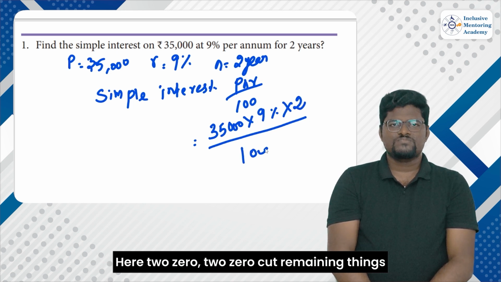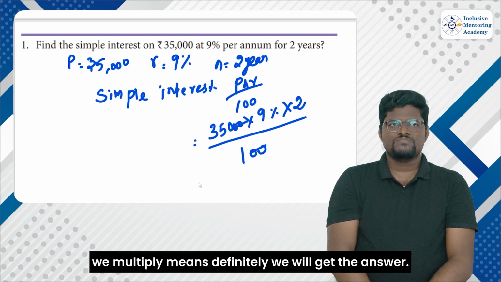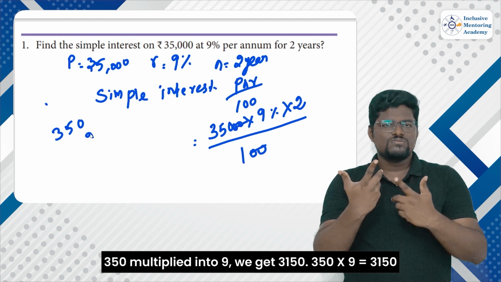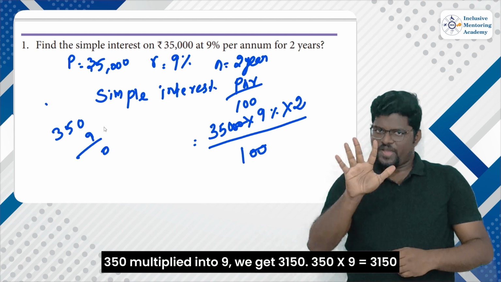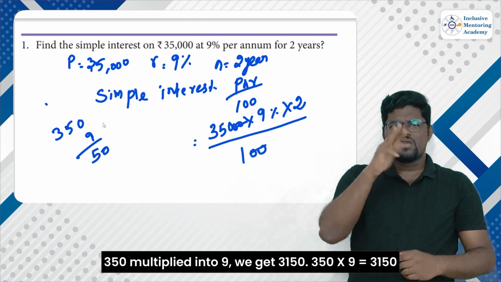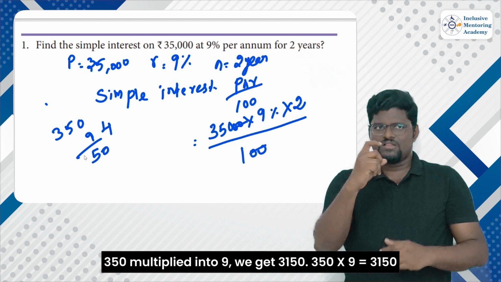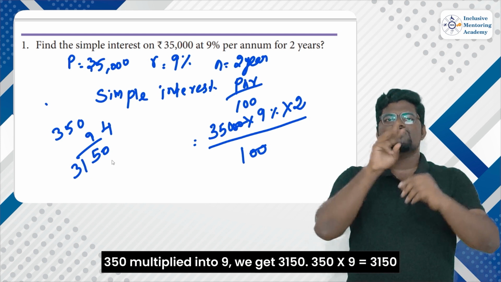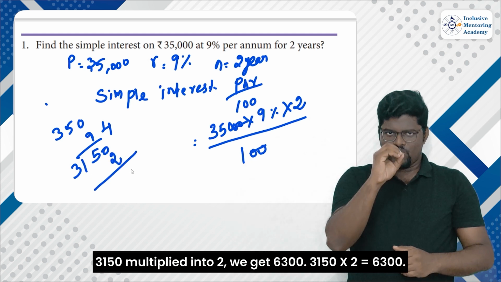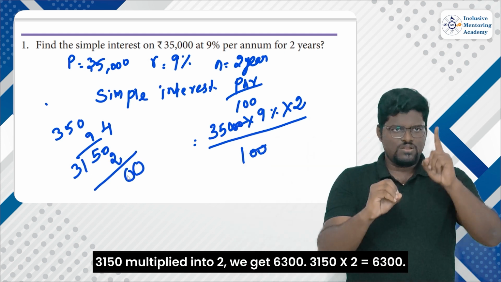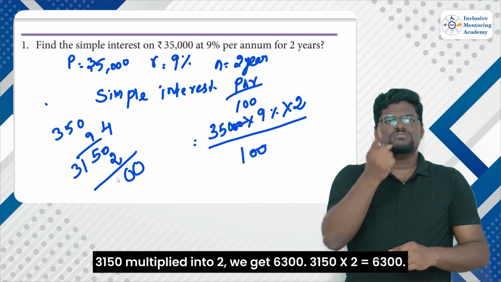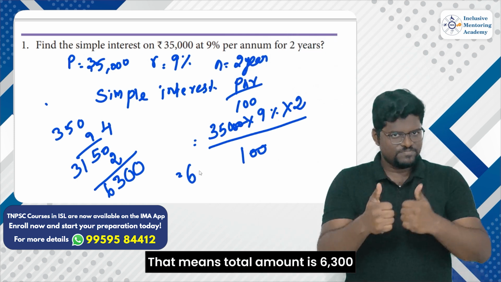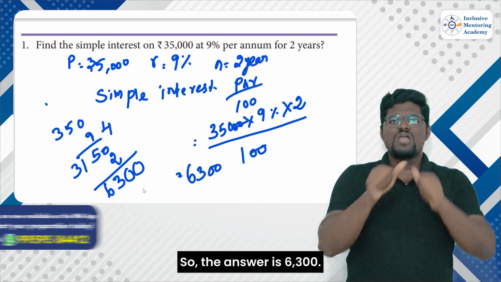Here the zeros cancel, and the remaining things we multiply. 350 into 9, then into 2, and we get the answer. So the answer is 6,300.